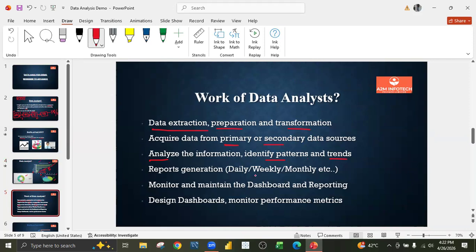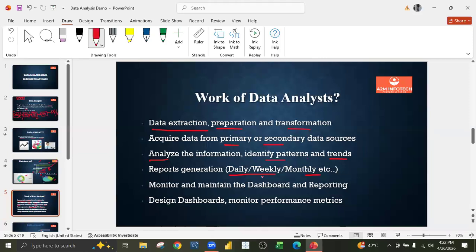Next, we have report generation. Very, very important as part of the real world. Guys, mostly what I have observed in my 10 years of career is that most companies recommend daily and weekly reports only. Some companies recommend monthly also, but most of the requirements are for daily and weekly reports. For example, take an insurance-based or banking-based company.